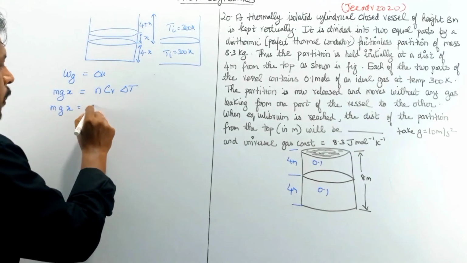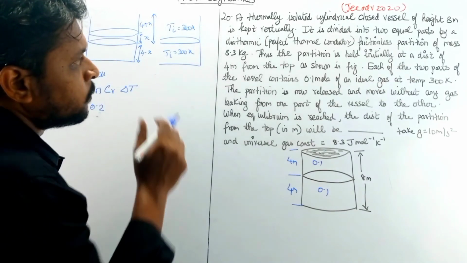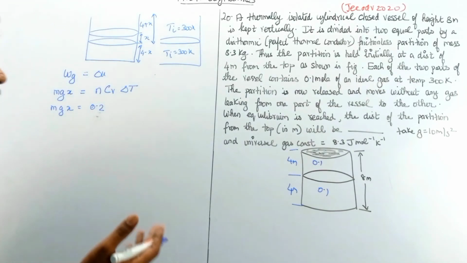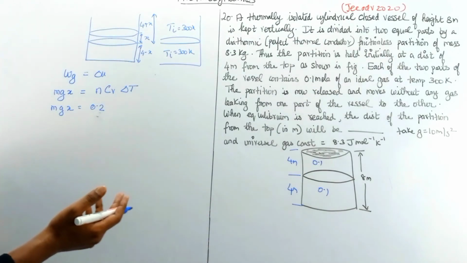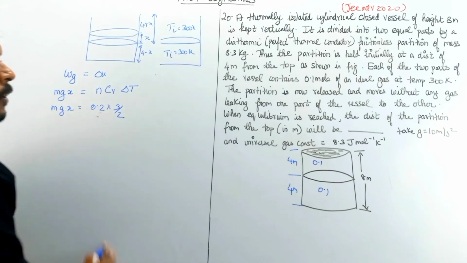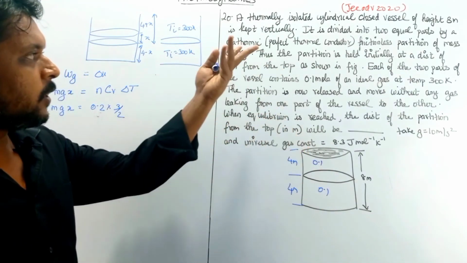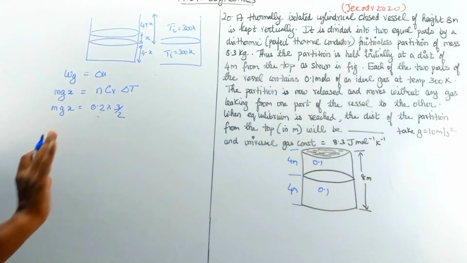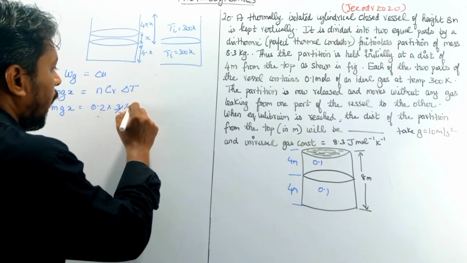So mgx is equal to the total number of moles, 0.2, times Cv times delta T. They have never mentioned the type of gas, so let us assume it is a monatomic gas. Cv is 3/2 R for monatomic gas.